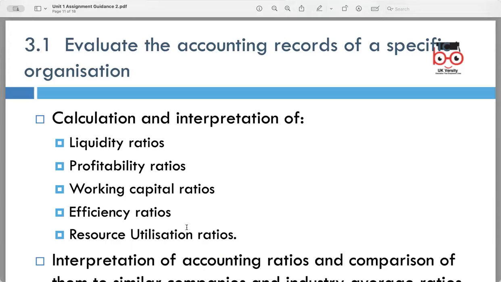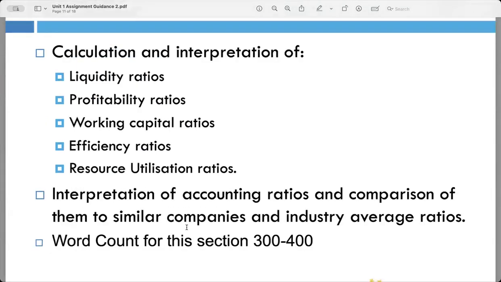So, calculation and interpretation of liquidity ratios, profitability ratios, working capital ratios, efficiency ratios, resource utilization ratios, and interpretation of accounting ratios by comparing them to similar companies and industry average ratios.